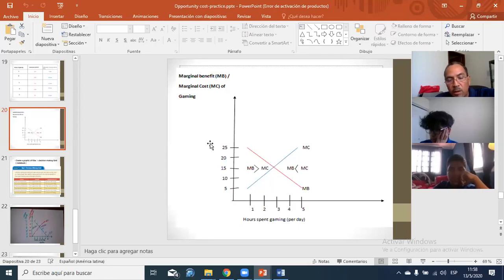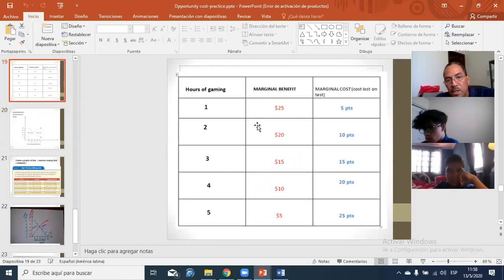So you have to use it over here, because in example number 2, you have amounts, you have numbers. As you see, if you see the marginal benefit over here, when you use 1, you have to pay 25, and so on. You are going down over here, and the marginal cost is the other one.